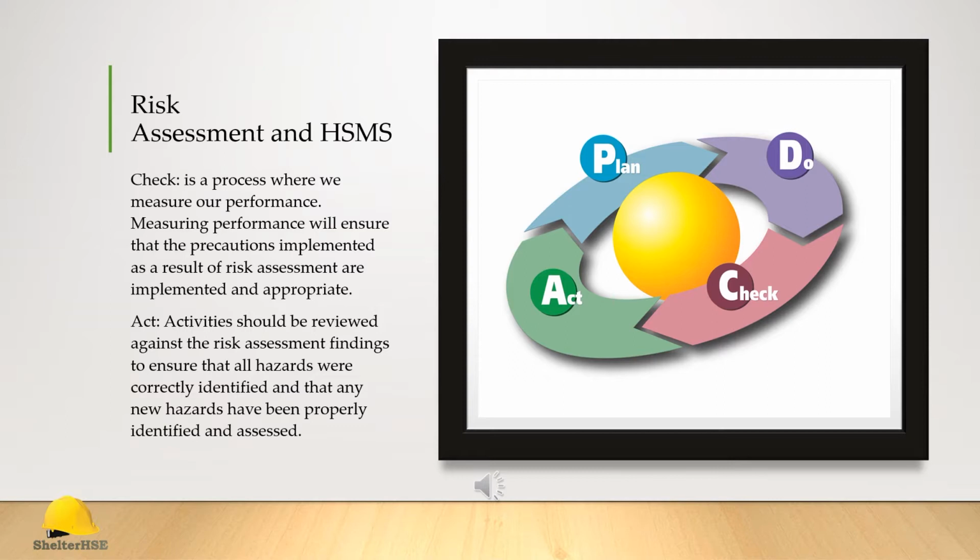Measuring performance will ensure that the precautions implemented as a result of risk assessment are implemented and appropriate. Act. Activities should be reviewed against the risk assessment findings to ensure that all hazards were correctly identified and that any new hazards have been properly identified and assessed.